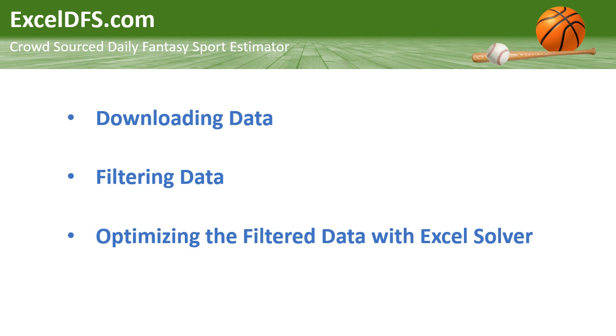Okay, the process can basically be described in three discrete groups. We're going to take a FanDuel data file of about 1400 players and download that data. Then we're going to filter it through a two-stage process to bring it down to about 200 or so players that we really want to choose from.